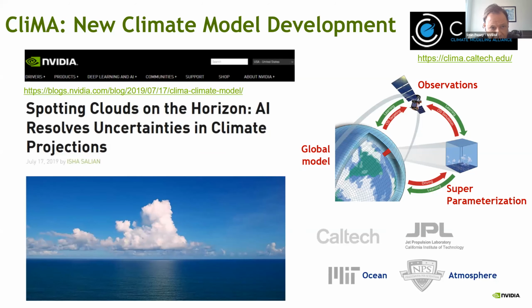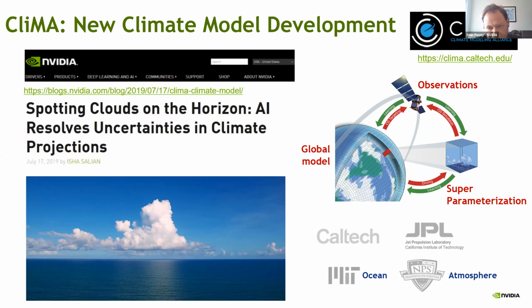And I mentioned the CliMA development. It's a very interesting model where they're applying a global model based on the NUMA from Frank Giraldo. And I mentioned Lucas Wilcox as part of this. He'll be talking at the panel on Friday.